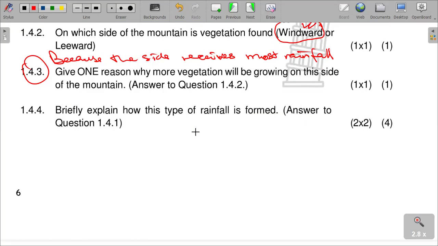And then briefly explain how this type of rainfall is formed. I can just quickly point out some points here. One, all moist air rises from the ocean.